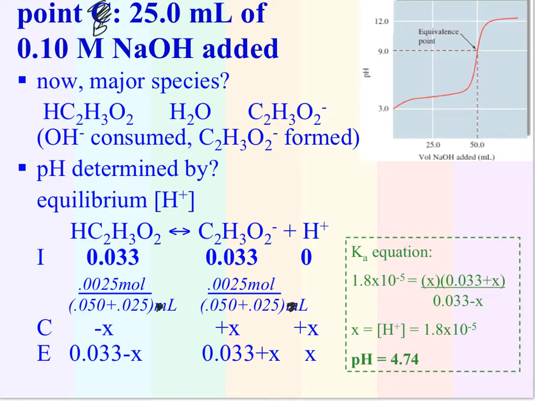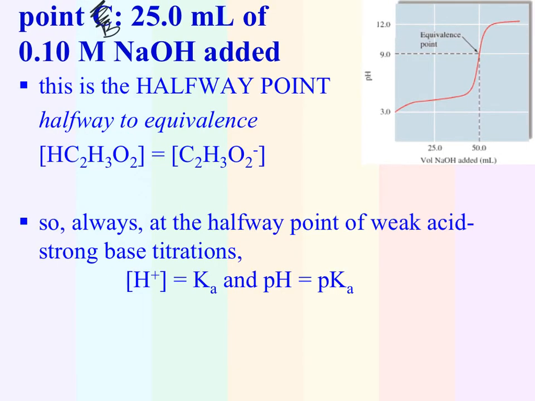Now there's a few things we want to point out at this point, in this next slide. Something else I want to point out about point B is that this is actually known as the halfway point. This is a little bit more important with weak acid, strong base situations, but basically, as you can see from this titration curve, at 50 milliliters addition of NaOH, we're going to reach our equivalence point.